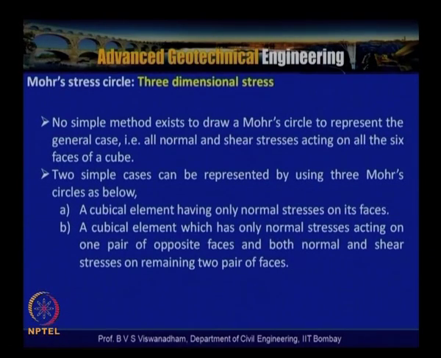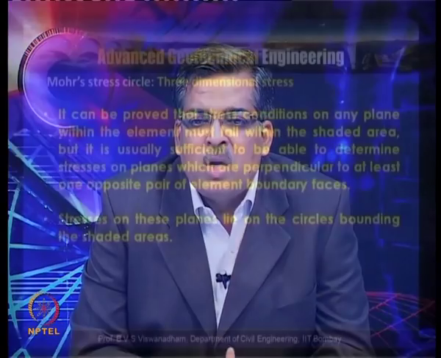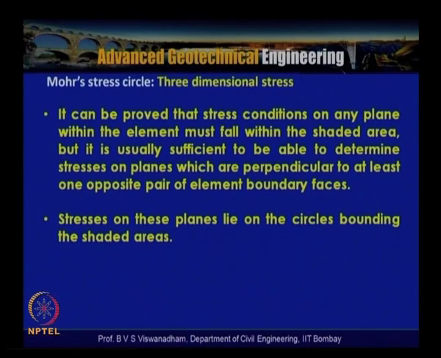Case A is the cubical element having only normal stresses, and the other is a cubical element which has only normal stresses acting on a pair of opposite faces, and both normal and shear stresses on the remaining 2 pairs of faces. It can be proved that the stress conditions on any plane within the element must fall within the shaded area, but it is usually sufficient to determine the stresses on planes which are perpendicular to at least one opposite pair of element boundary faces.